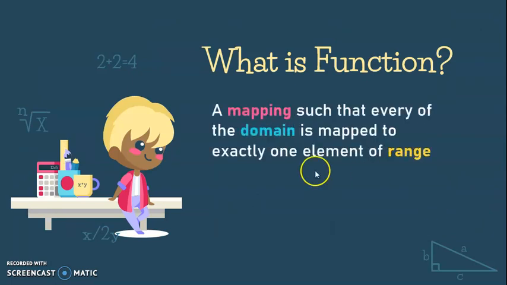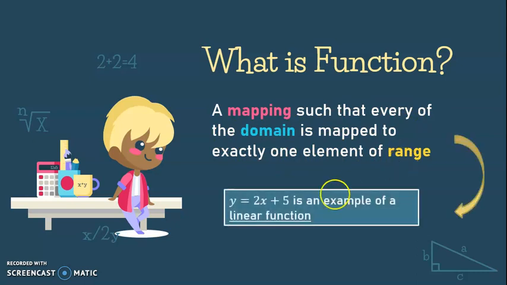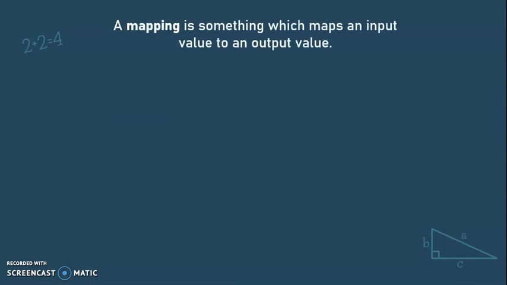Okay, so what is function again? In general, a mapping such that every element of the domain is mapped to exactly one element of range. So for example, we have y is equal to 2x plus 5. So this is an example of linear function. So that is a function. So what is a mapping? A mapping is something which maps an input value to an output value.